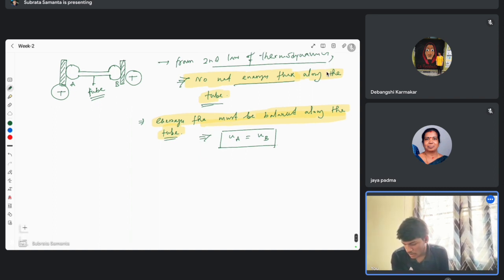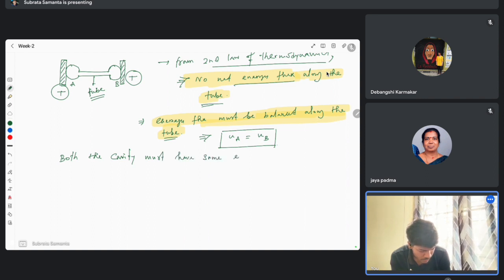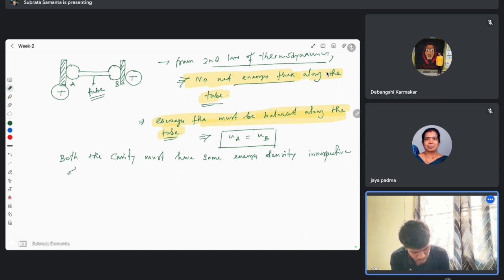So both the cavities must have the same energy density irrespective of their shape.